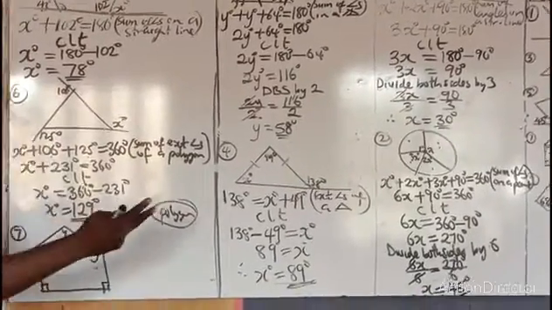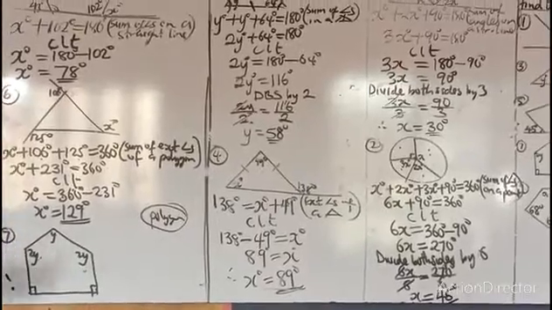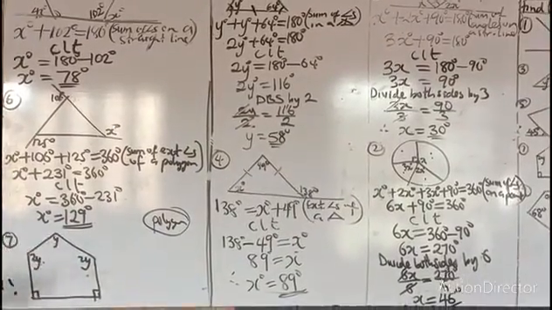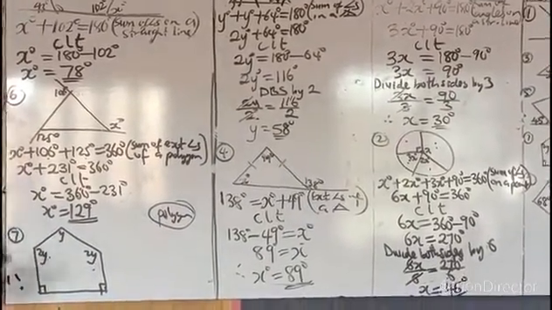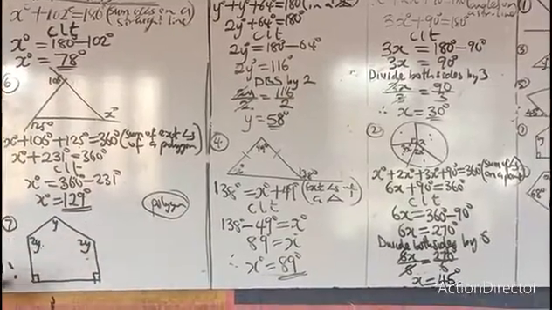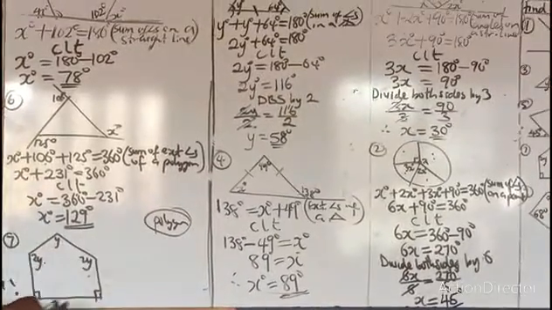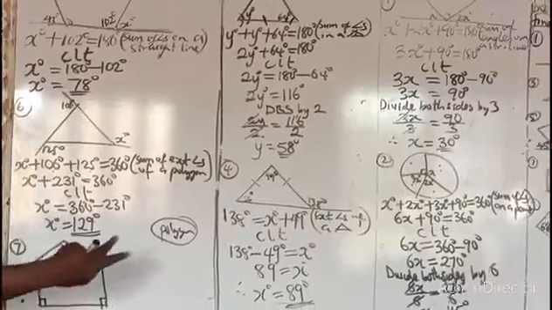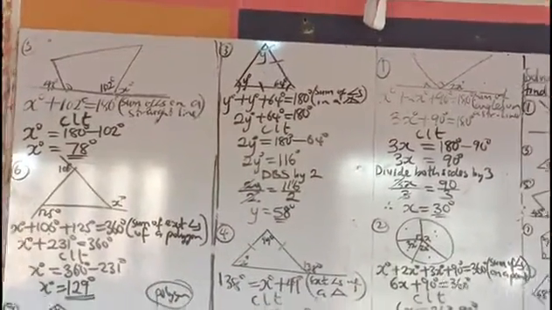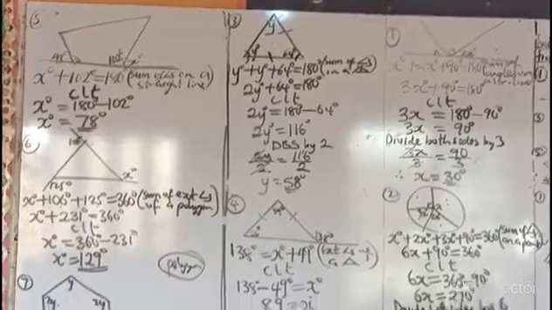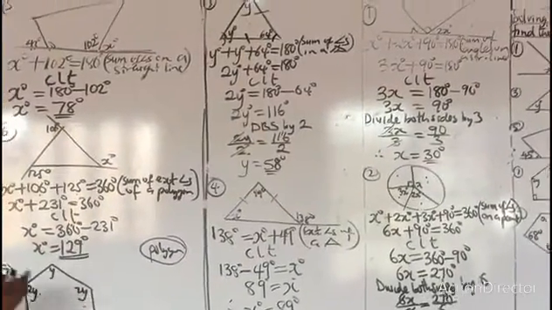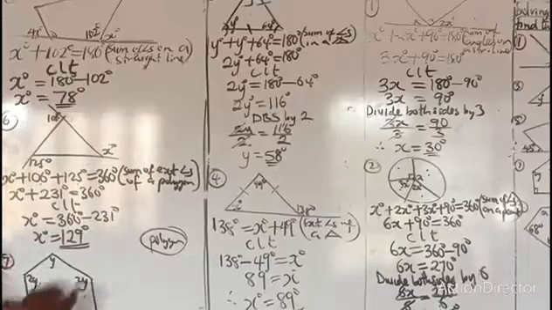The one that has 3 sides is called a triangle. 4 sides is a quadrilateral. 5 sides is a pentagon. 6 sides is a hexagon. 7 sides is a heptagon. 8 sides is an octagon. 9 sides is a nonagon. And 10 sides is a decagon.